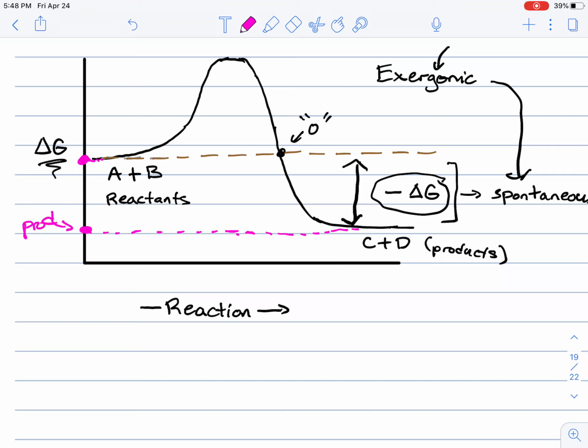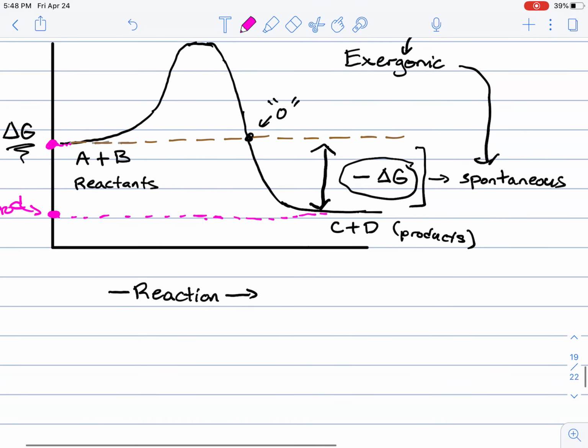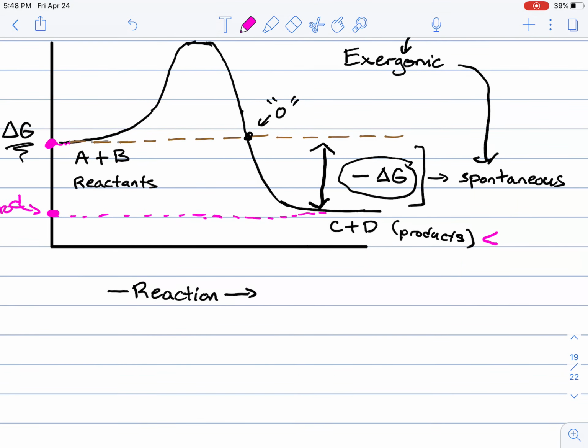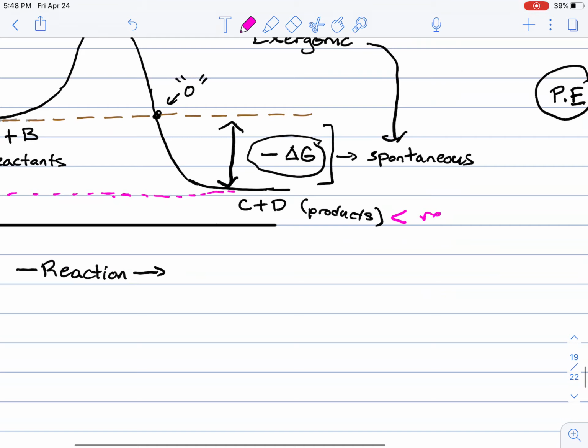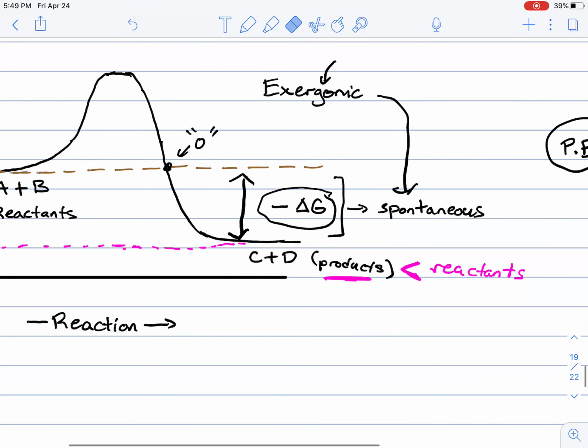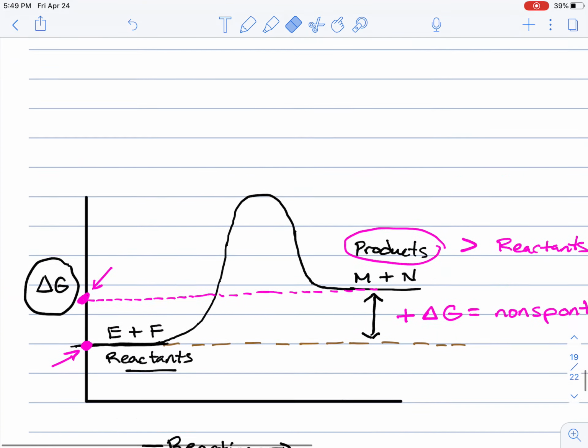And so you can see that in this scenario, the free energy of the products is less than the free energy of the reactants. Or you can look at it in reverse: the free energy of the reactants is greater than the free energy of the products. Either way, it's going to lead you to the same conclusion, that it'll be an exergonic reaction, and the value is negative delta G.